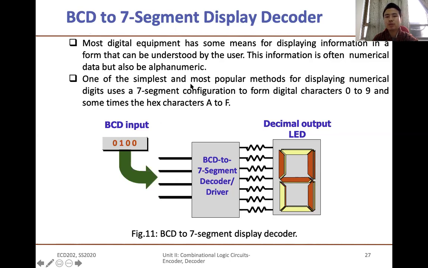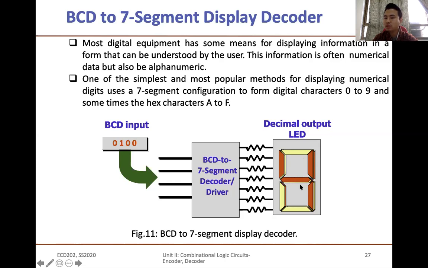One of the simplest and most popular methods for displaying numerical digits uses the 7-segment display to form digital characters from 0 to 9, and sometimes the hex characters from A to F. Now in this diagram, this is the BCD to 7-segment display decoder, where you have the input, which is BCD, that is a binary number, and you have the output here, where you will have the decimal number.